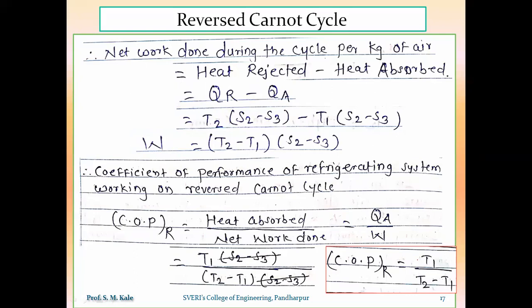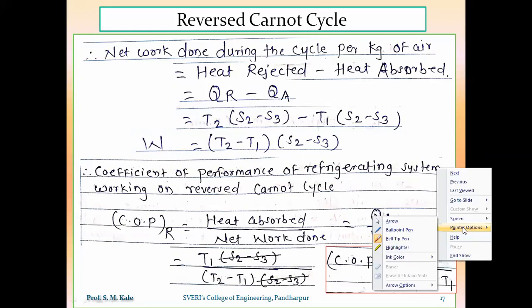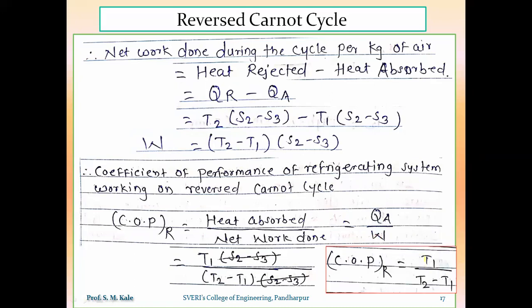As we know, the value of COP of reverse Carnot cycle depends only on two parameters. Out of that, the first parameter is T1, which is at the numerator, and the second parameter is T2, which is at the denominator.